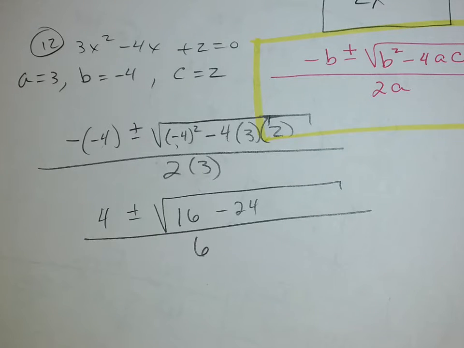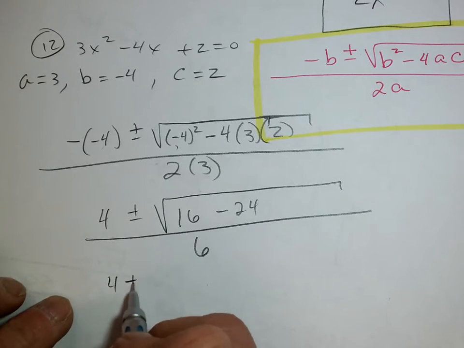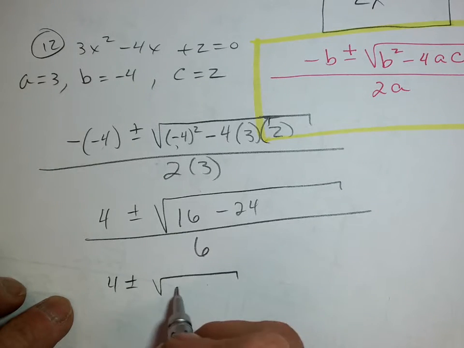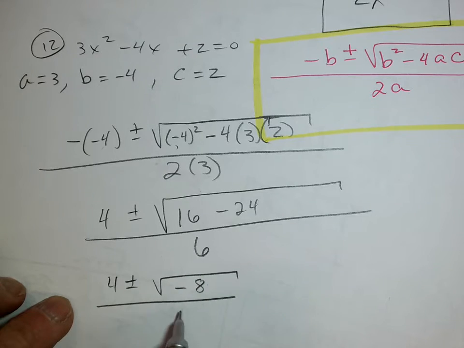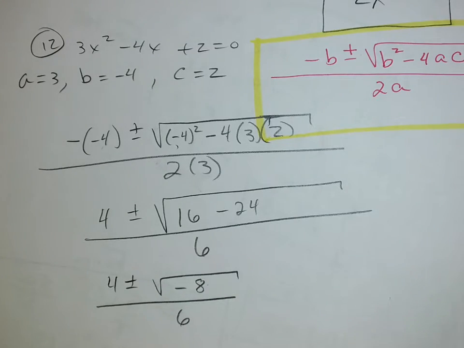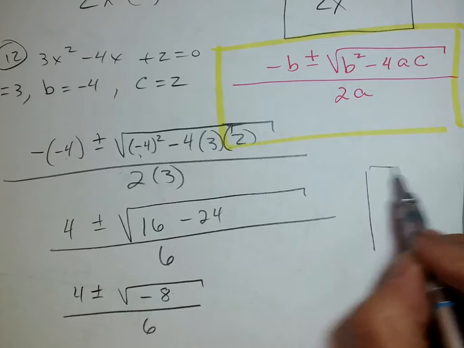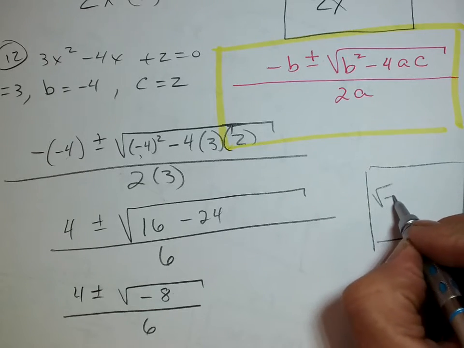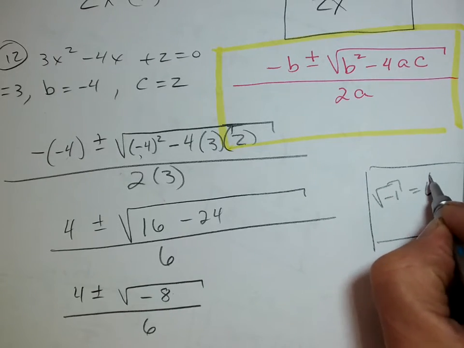Oh, we're going to have an i. Yes. We're going to have 4 plus or minus the square root of negative 8 over 6. Now, before I do this, I'm going to put a little side note. I know that the square root of negative 1 is equal to i. Remember that?